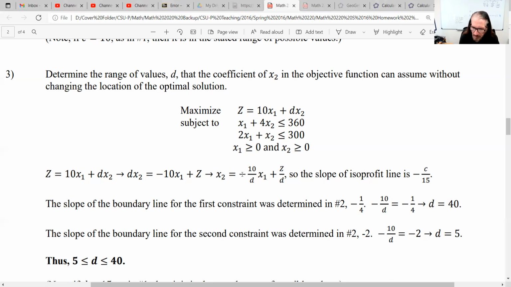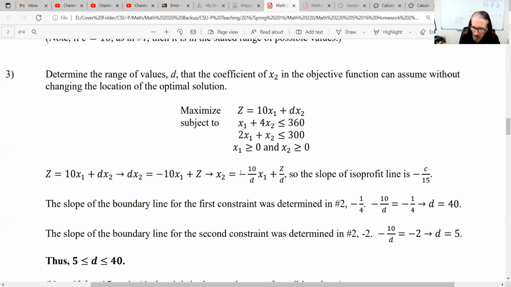Negative 10 over d. We already found out in the previous example that when we replace the less than or equal to with equal and solve for x sub 2, i.e. the y variable in our regular constraints, the slope of the first one is negative 1/4 and the slope of the second one is negative 2.